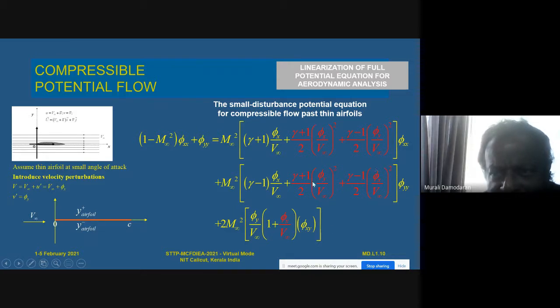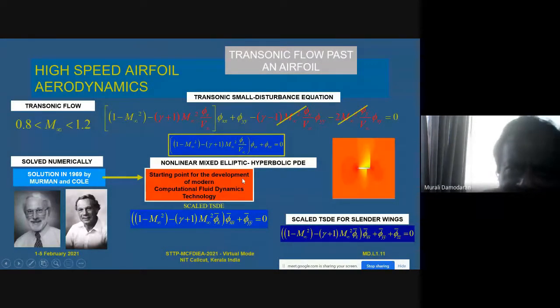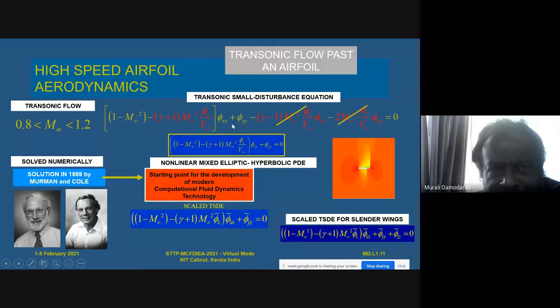All the red terms there are nonlinear terms, and they can be neglected under certain circumstances. The first such equation was the transonic small disturbance equation, where in this flight regime between 0.8 and 1.2, if you look at several parameters, you can actually drop these terms.